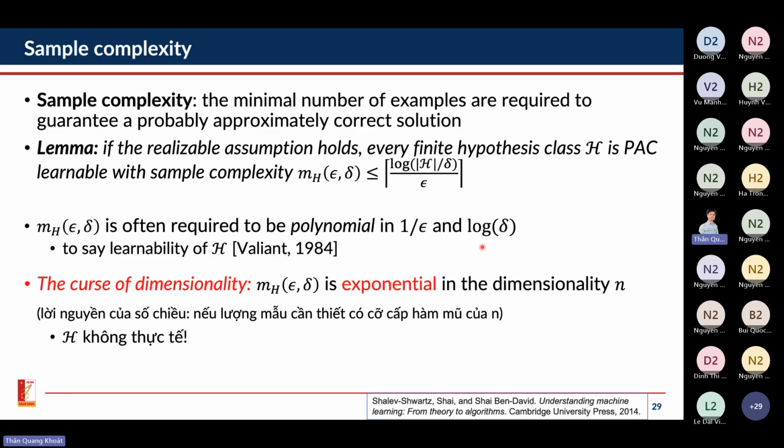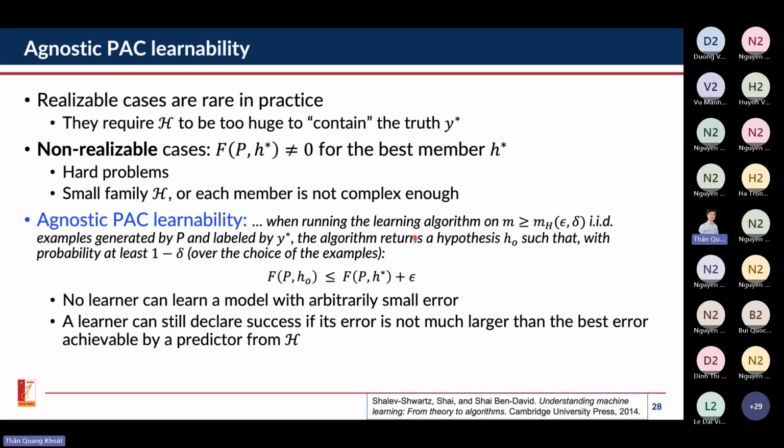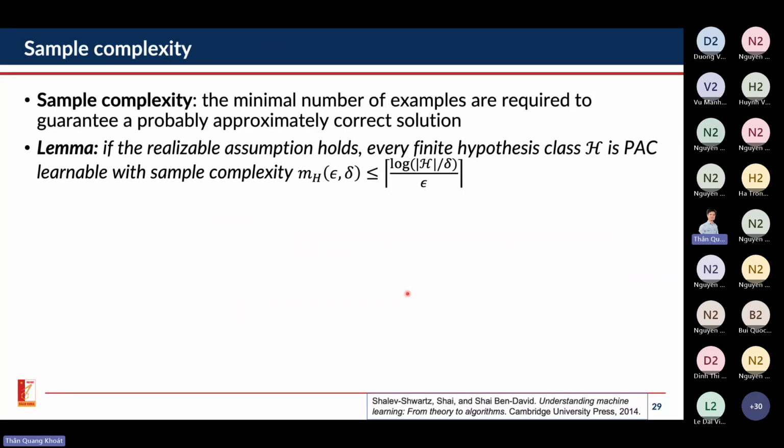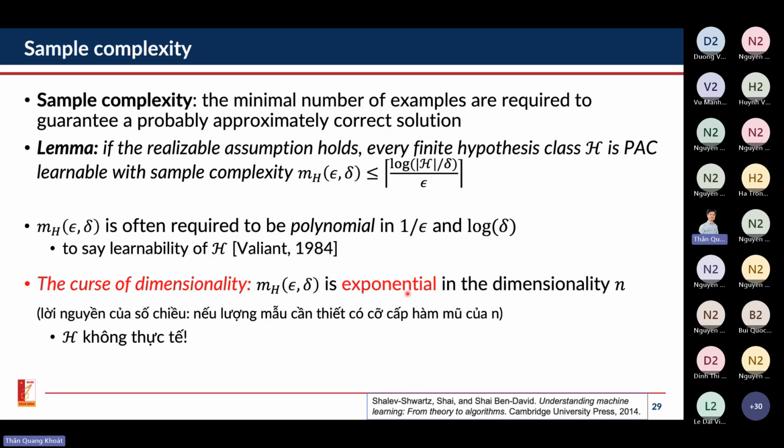And what does exponential in this quantity mean? As we can see from before, in this case we would require an exponential number of samples in order to assure that we can train a good model.